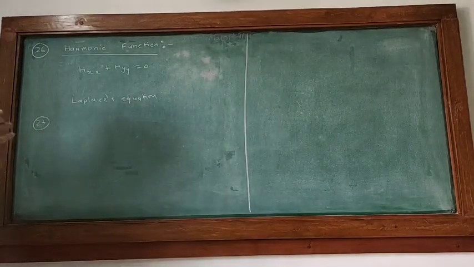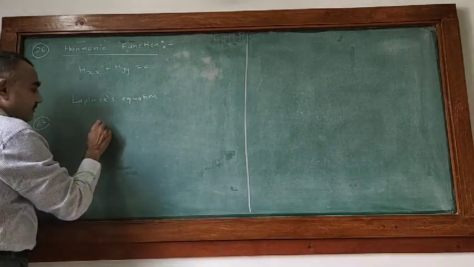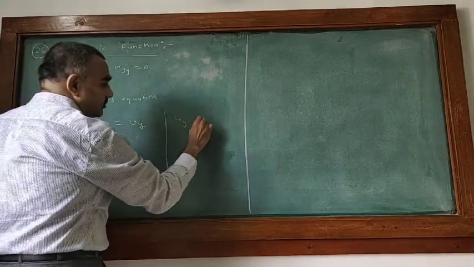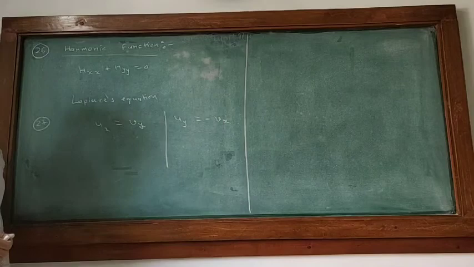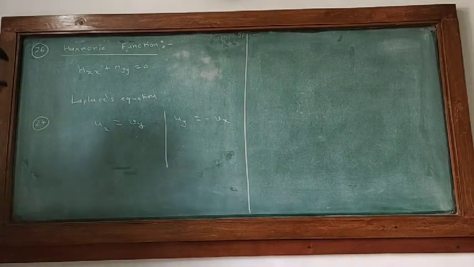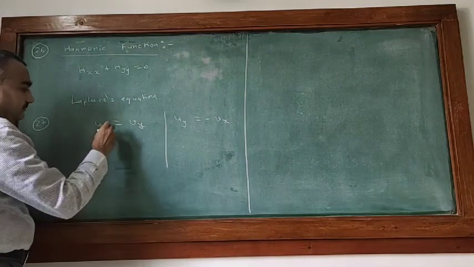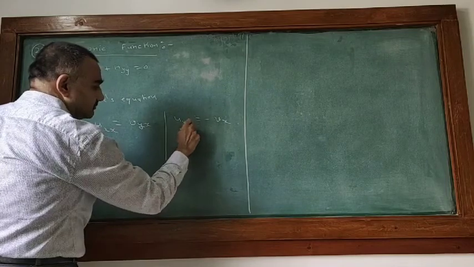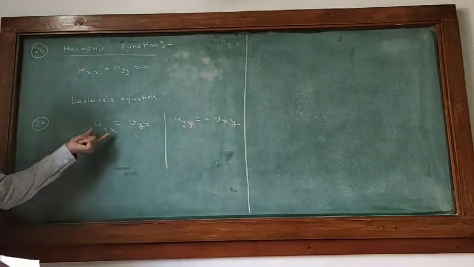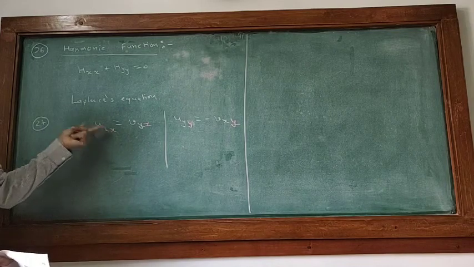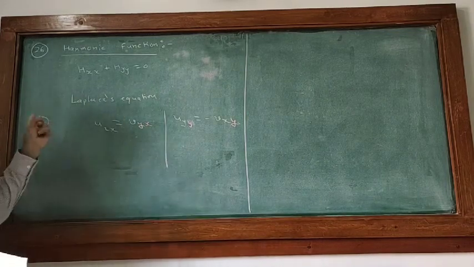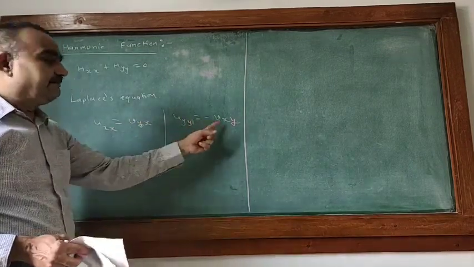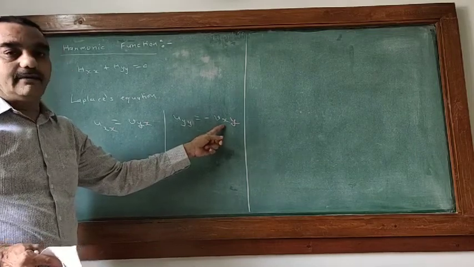Now here, whenever an analytic function is there, we have ux is vy and uy is minus vx. Now if we apply differentiation with respect to x to both these sides, then u of xx equal to v of xy, and u of yy is minus v of xy.